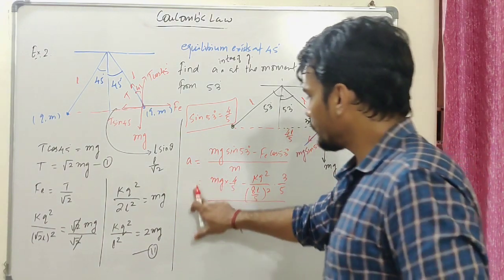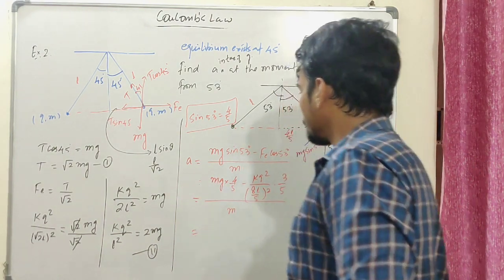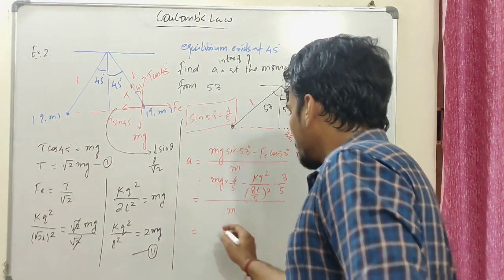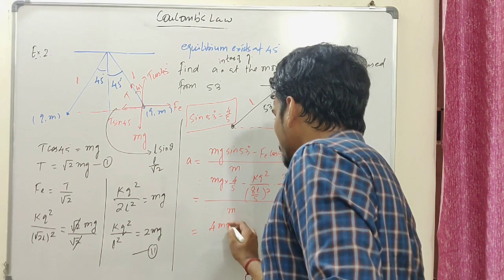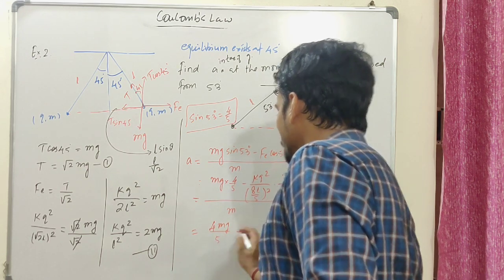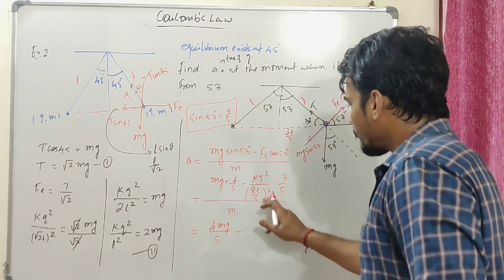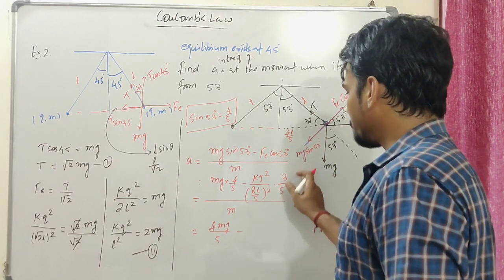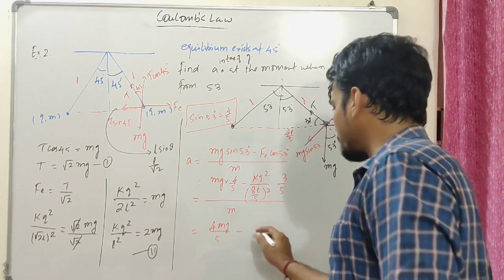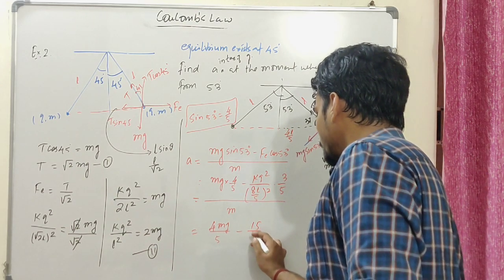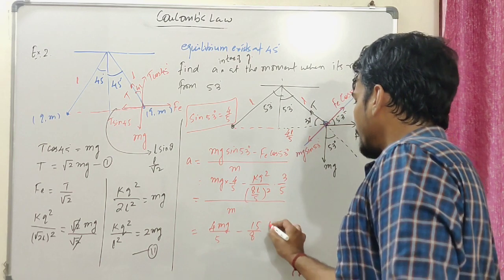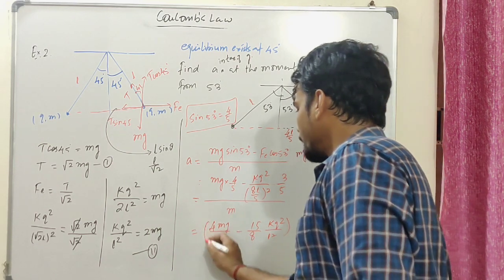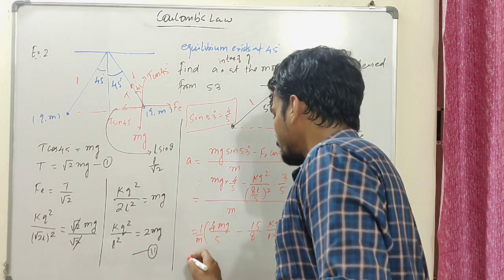Okay, let's keep going. Now I'm going to have some sort of help from here. So I'll be having 4 mg over 5 negative, if I just do some calculations over here, I'll be having 25 up 5, so it's going to be 5 times 3, 15, 15 over 8 kq square over L square, right? 1 over m.